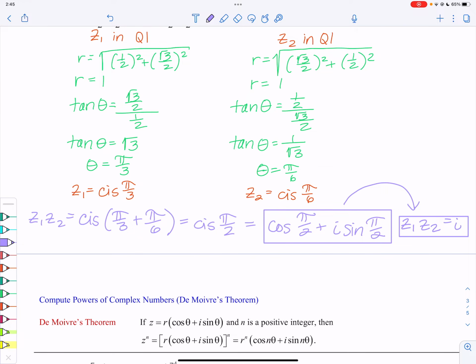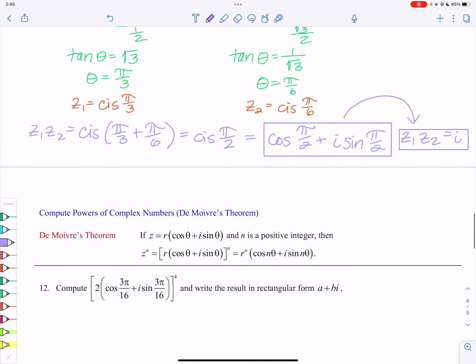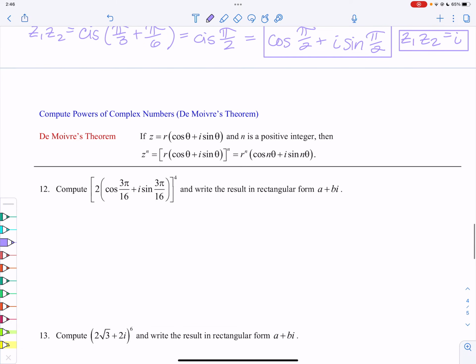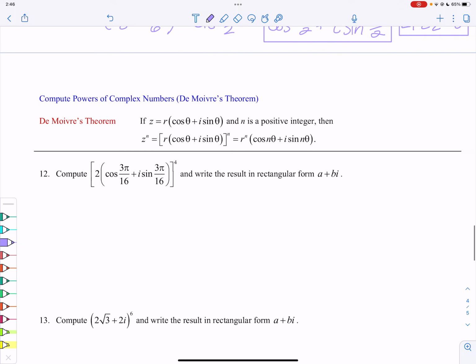Okay, now let's look at powers of complex numbers. And looking at our theorem, you can see that if Z is equal to R cis theta, then Z to any power n, DeMoivre's theorem. So to any power, we would be able to use this formula here.